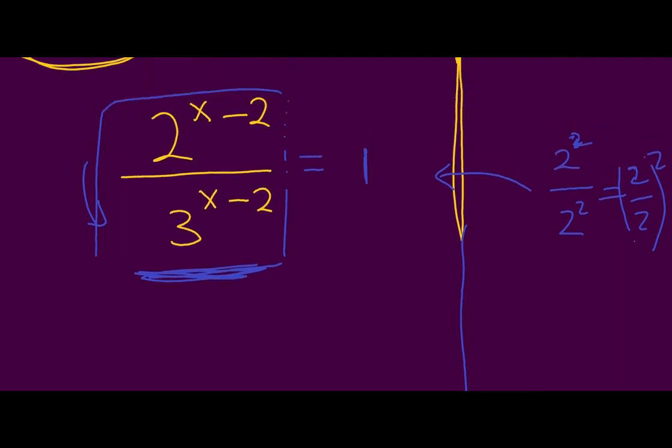So in writing that, we're going to have 2 over 3, brackets, x minus 2, right? And all of this equals 1.